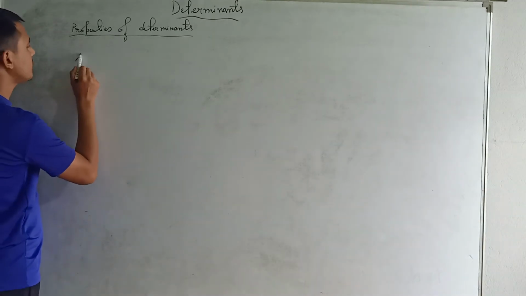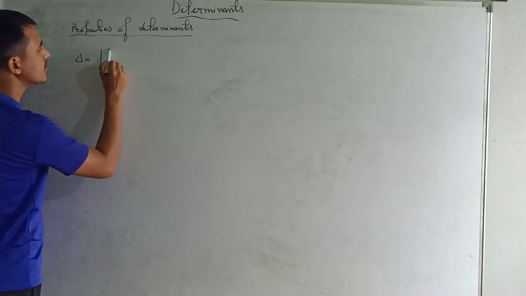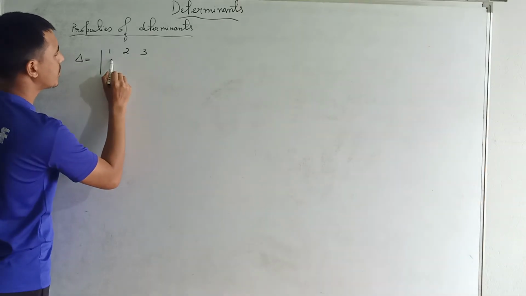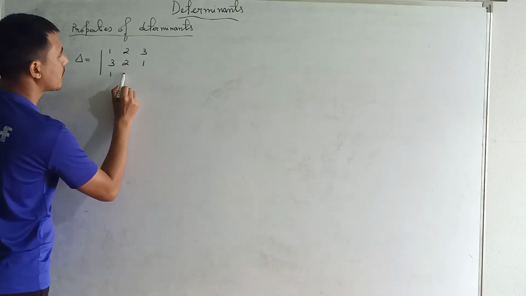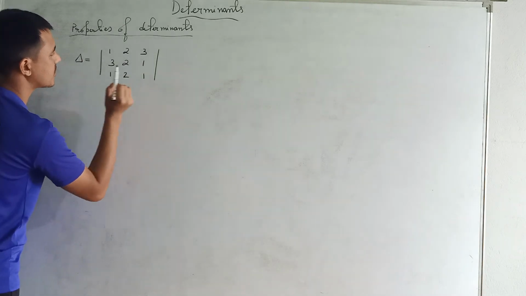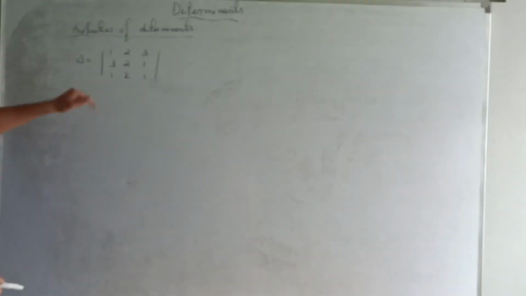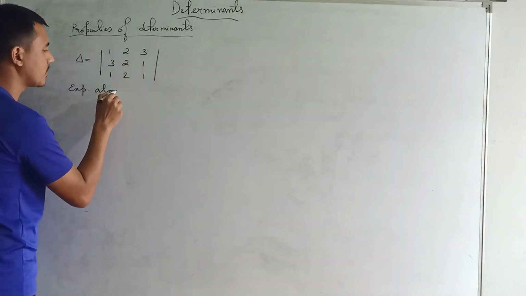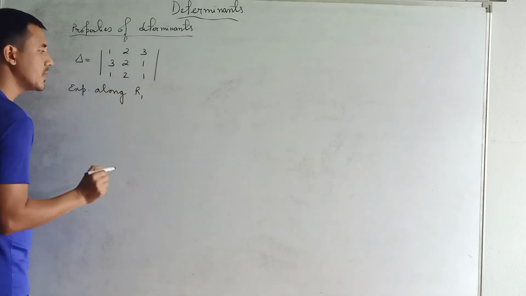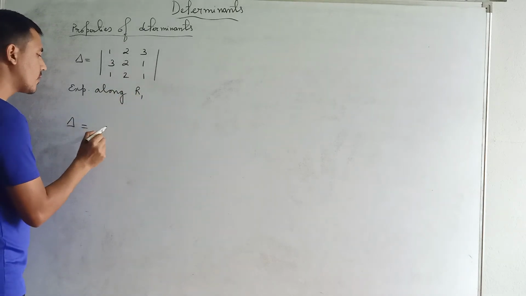Suppose your given determinant is 1, 2, 3; 3, 2, 1; 1, 2, 1. On expanding this determinant along R1, you got the result to be 14.